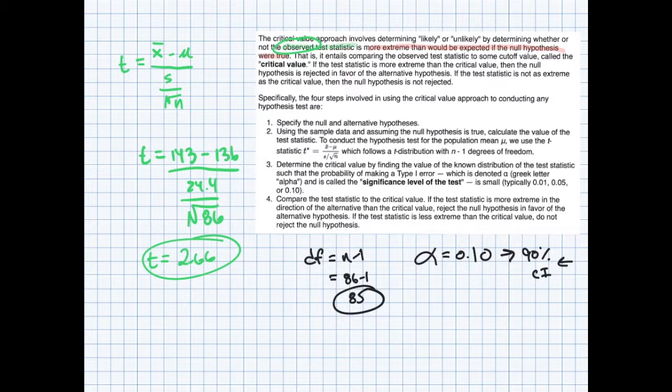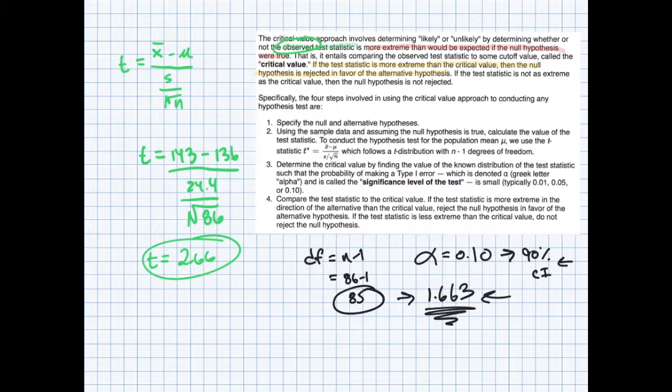So splitting it in two and going to the back of the book, we can see that at degrees of freedom of 85 and 5% on each side, our critical value is 1.663. This is saying that if the null hypothesis were true, this is about what our test statistic should be. Looking back at the definition, if the test statistic is more extreme than the critical value, then the null hypothesis is rejected in favor of the alternative.